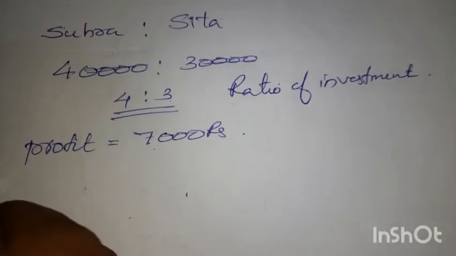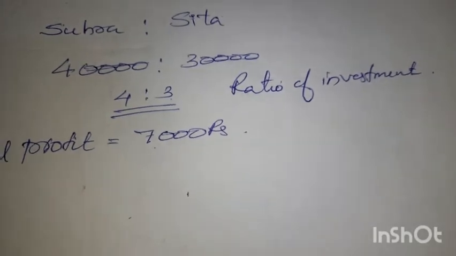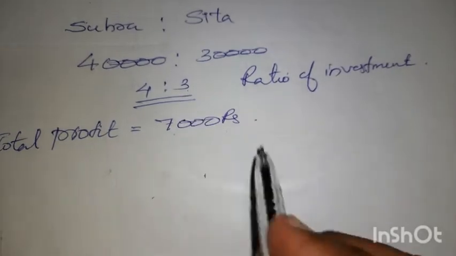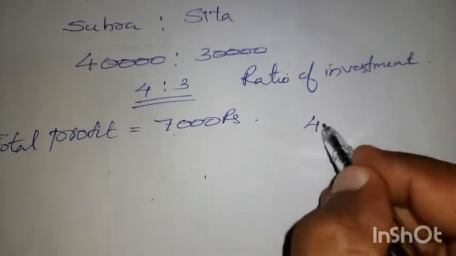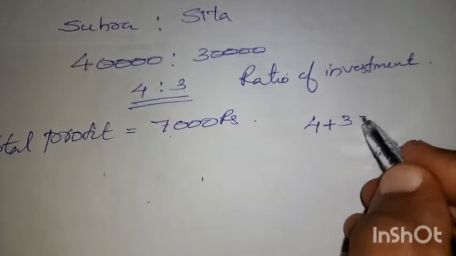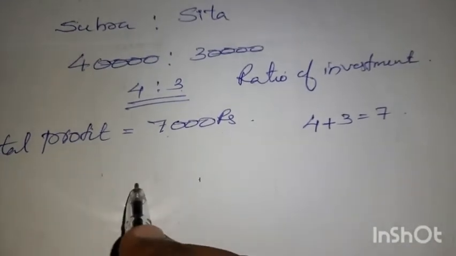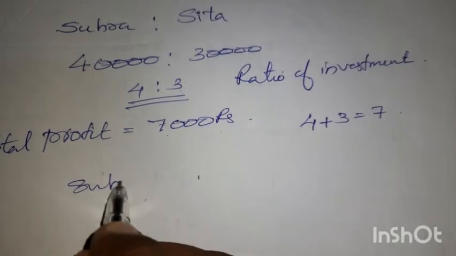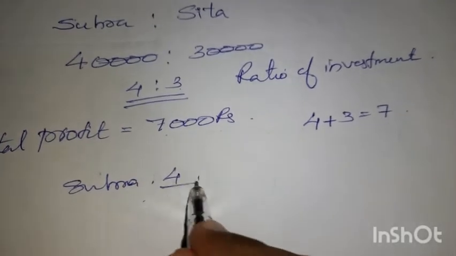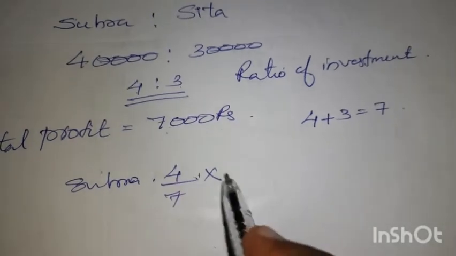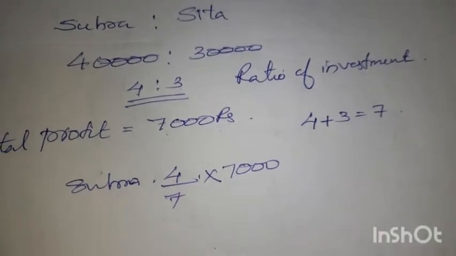It is given the total profit. So the total profit is 7,000 rupees. That means the ratio is added, 4 plus 3 is equal to 7. So Suhra got a profit of 4 part of total 7 multiplied by 7,000.